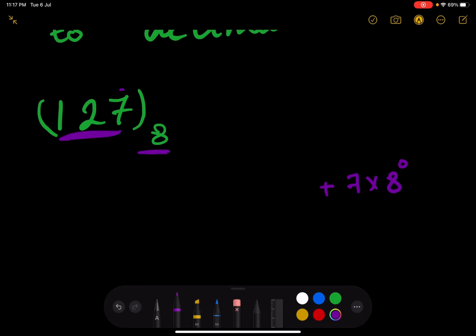Then we will add it to 8 power 1. As we said previously, we'll keep incrementing the power each time we have another digit. So here 8 power 1 times our next digit, which is 2, then 8 power 2 times 1, and we add all of them together to get the result in decimal.